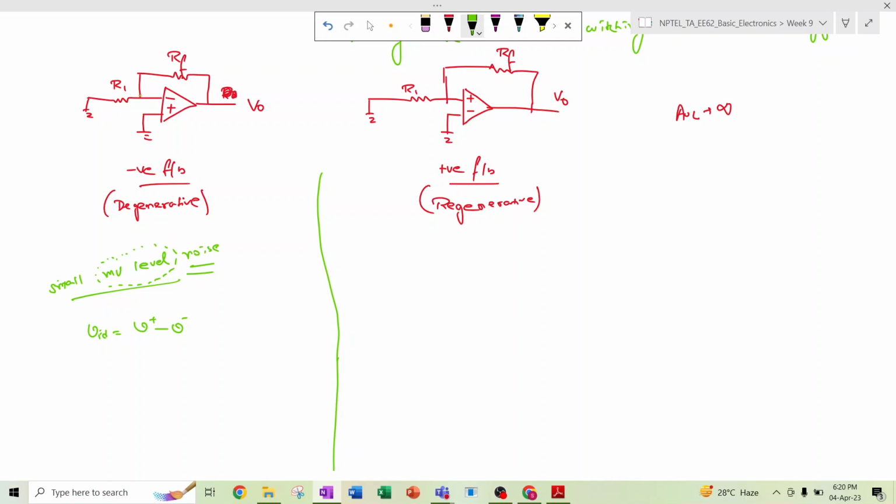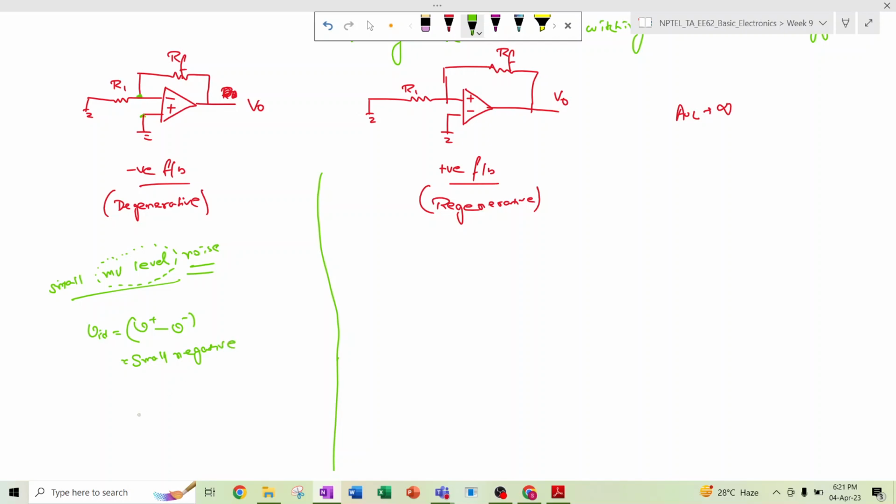So suppose both the terminals are affected by the noise, and suppose there is a noise affecting a certain terminal, say the V plus terminal, or suppose it's affecting the negative terminal. Suppose V plus minus V minus is a small negative quantity.